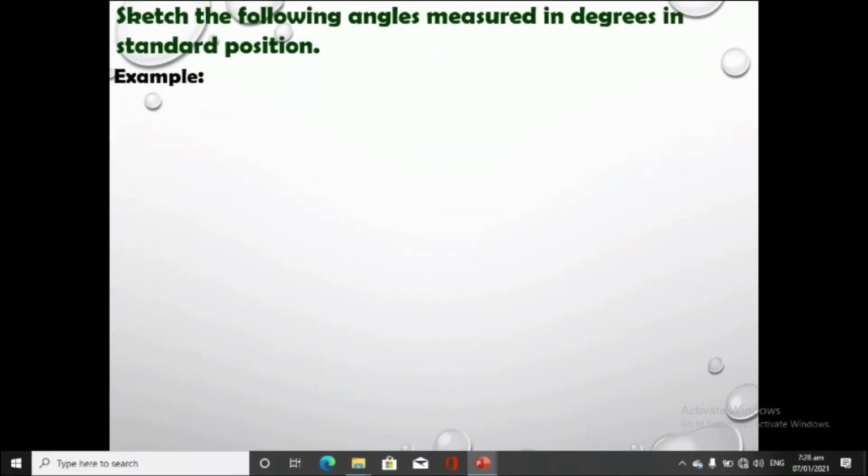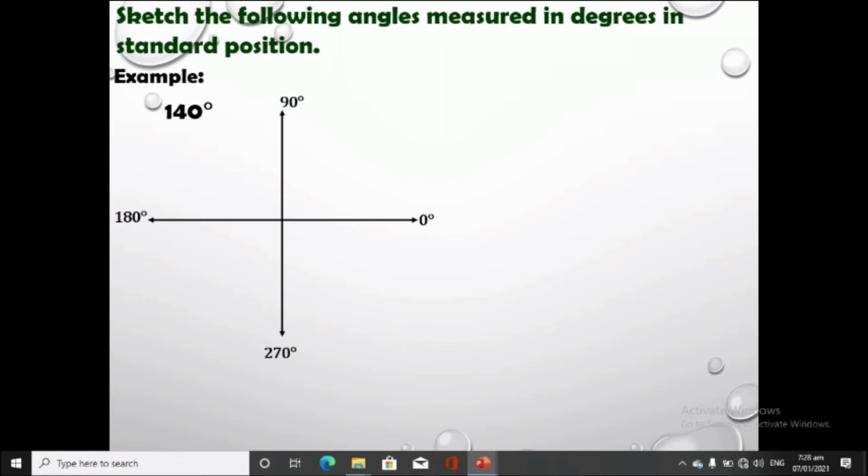Sketch the following angles measured in degrees in standard position. Example, 140 degrees. In the x and y coordinate plane, the initial side lies along the positive x-axis and the degree is 0. Ang angle natin ay positive. Kaya ang movement ng terminal side from initial side is counterclockwise.